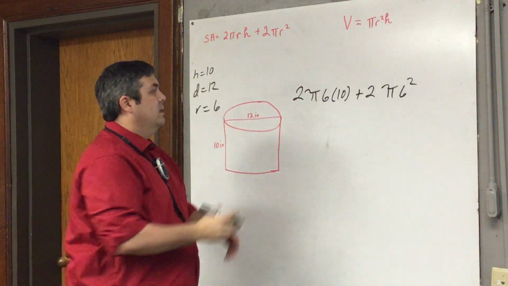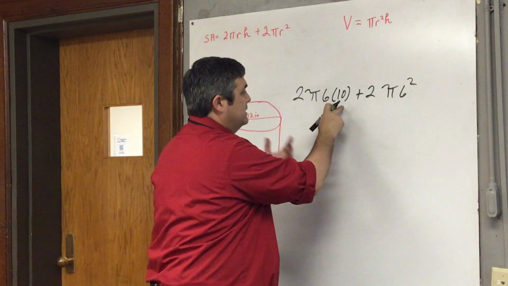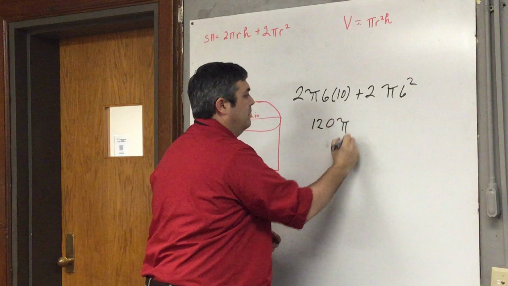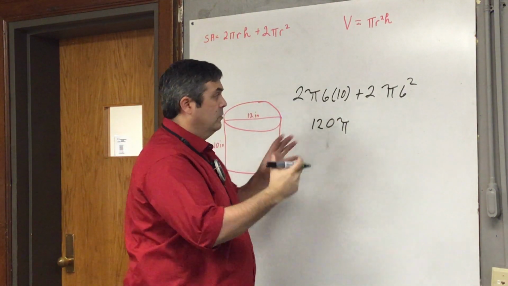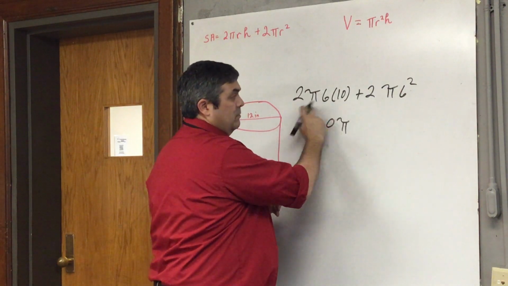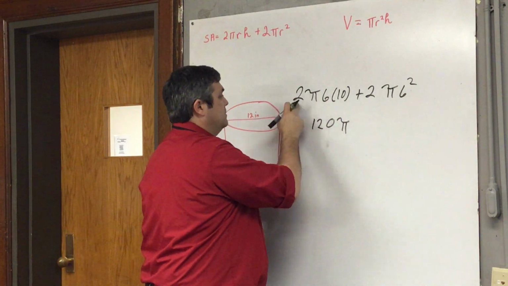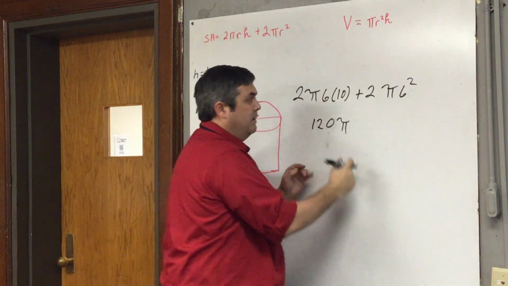All right, so now all I've got to do is multiply them together. 6 times 10 is 60, times 2, 120 pi. Remember, the computer lets me reorder this, so I can do this right here because it's all multiplication. So 6 times 10, 60 times 2, 120, and I still have it being multiplied times pi, so 120 pi.